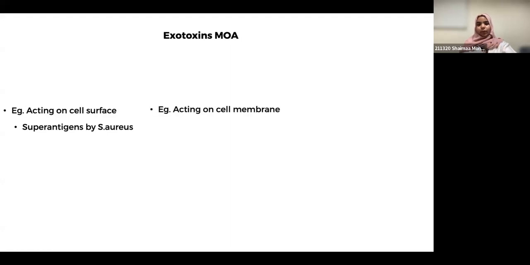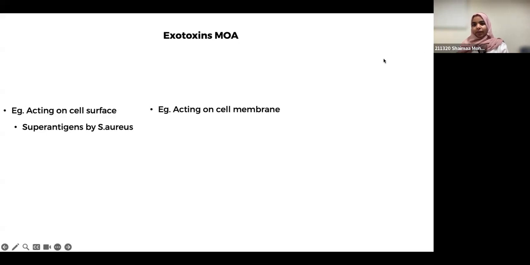Okay, so what are examples and how do they work? Strep pneumonia, what's the toxin and how does it work? Pneumolysin, what does pneumolysin do? Pneumolysin is not pores.